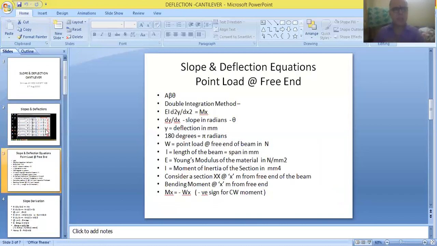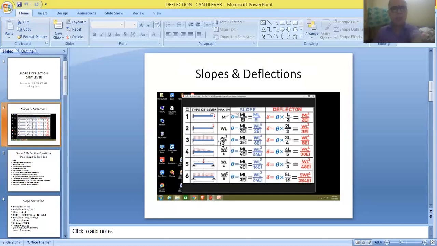In the case of the second figure, the point load is acting at the free end of the cantilever. For this case, we have to prepare two equations: the first equation for measuring the slope value, and the second equation for measuring the deflection value.